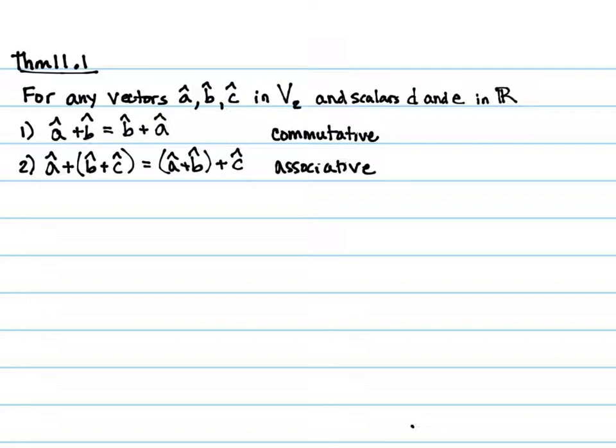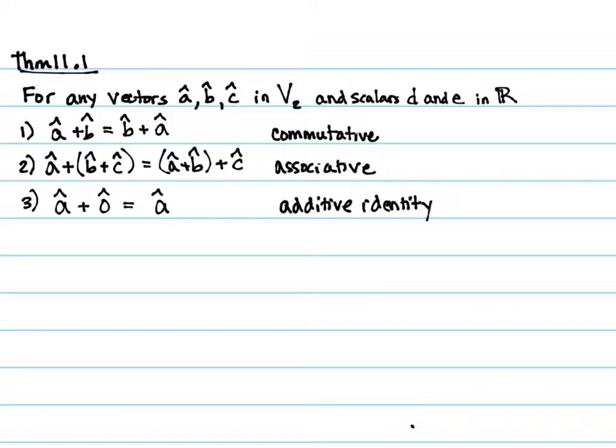It's an associative process. The third one says that if I take the A vector plus the 0 vector, I get back the A vector. Specifically, it's the additive identity. I do want to use the word additive because we're going to have multiplicative as well, and of course, the values work a little bit differently.